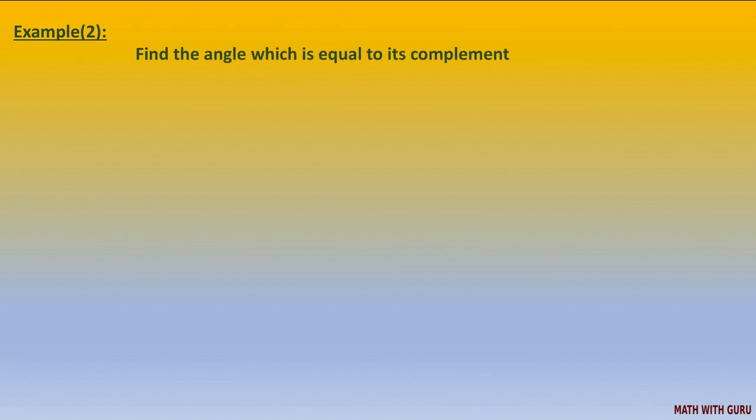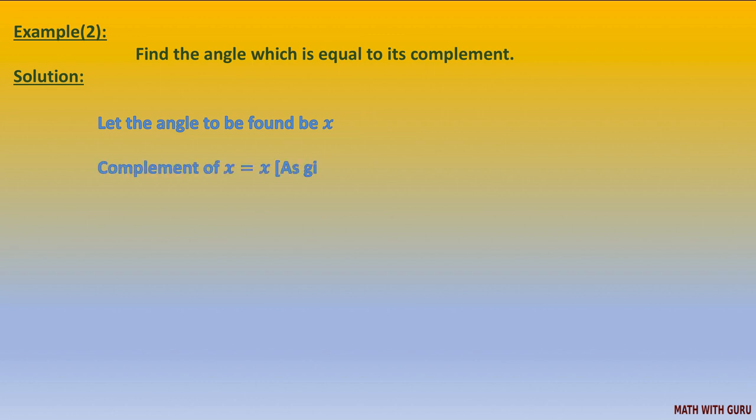Let us take another example. Find the angle which is equal to its complement. Angle and its complement must be equal. You have to find such an angle. Let the angle to be found be x.